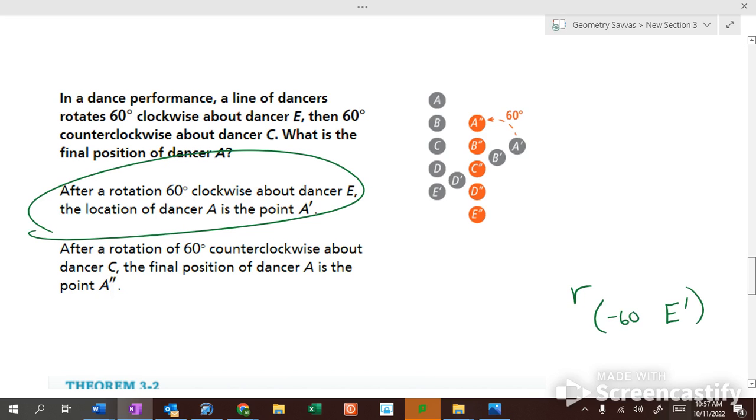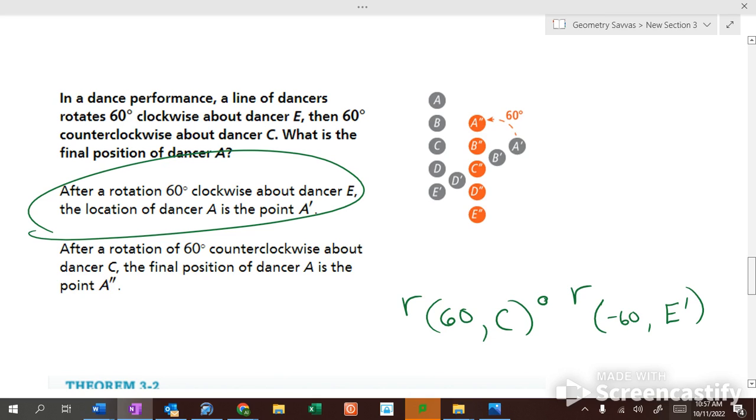Negative 60. 60 degrees clockwise is negative 60. The next rotation is around C, because we're going to rotate around C and go like this. Well, it's 60 degrees back, so then it's a positive 60 degrees.